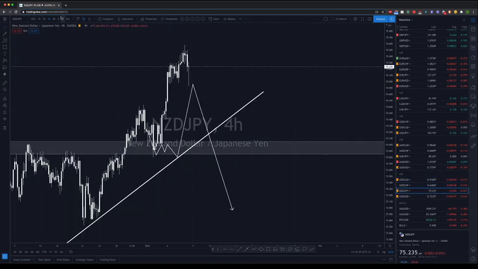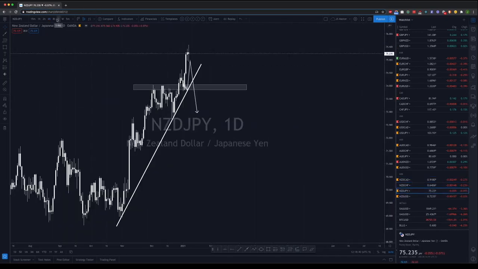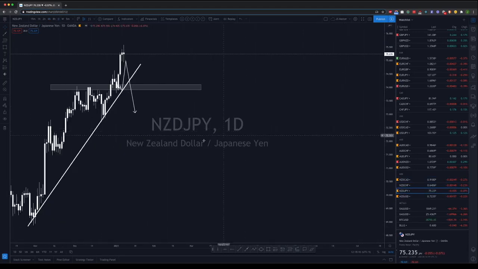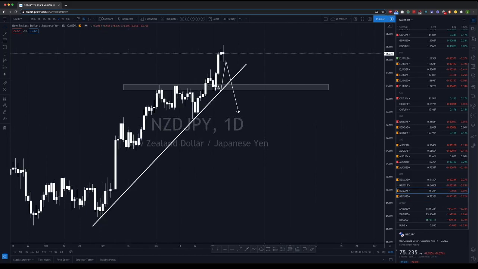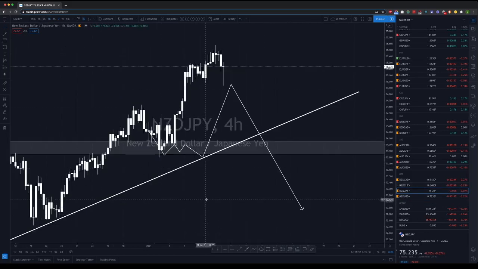NZDJPY, similar to AUDJPY. So I'll just keep an eye on it. And we had that. I didn't cover this in my recap because I didn't get an entry on it. But if you look at the analysis from last week, what I said was we could see price trickle back into this level, right? I thought it may come to the trend line, but it didn't quite.